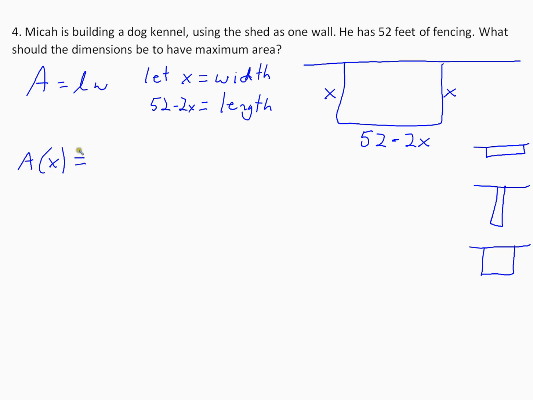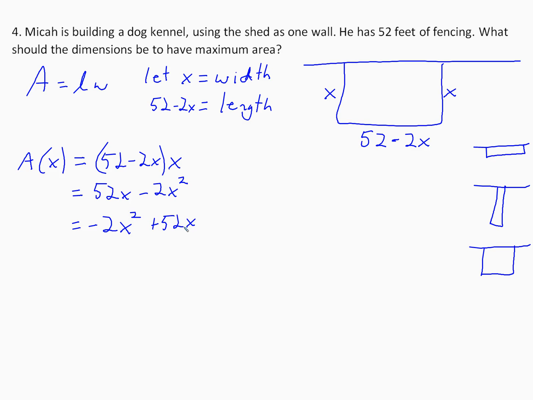So our area in terms of x, so in terms of the width, is going to be the length, which is 52 minus 2x, times the width. And what we can do is distribute this and we get 52x minus 2x squared. We prefer to have the x squared first, so it's negative 2x squared plus 52x.